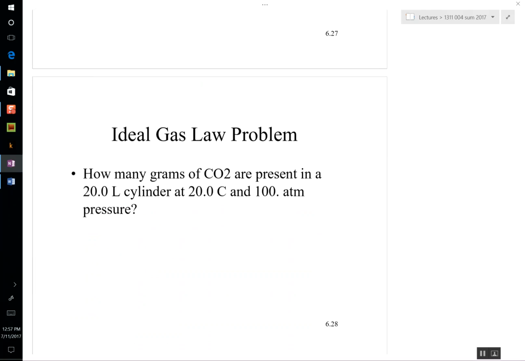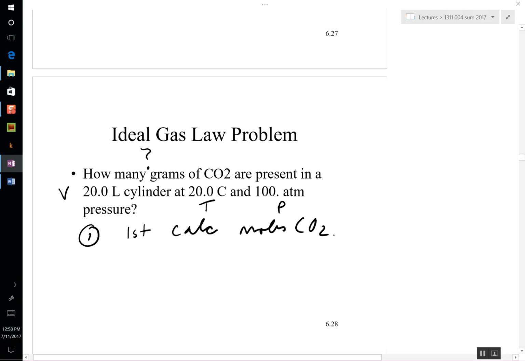Okay, here's a problem. We won't do it right now, but here's a slide in there. It's asking to calculate how many grams of CO2 are present in this cylinder. You got a volume, you got a temperature, you've got a pressure. So what you need to do is first calculate the moles of CO2 in this cylinder.